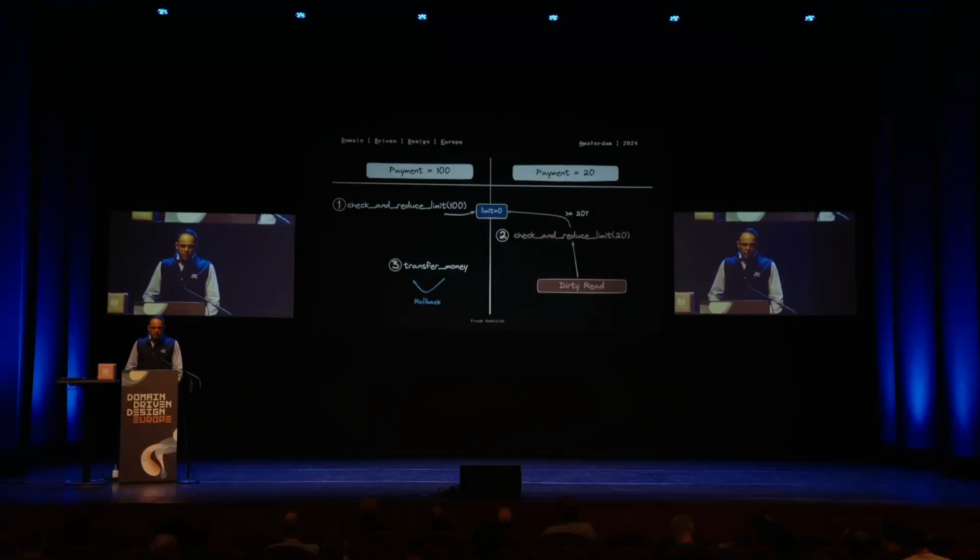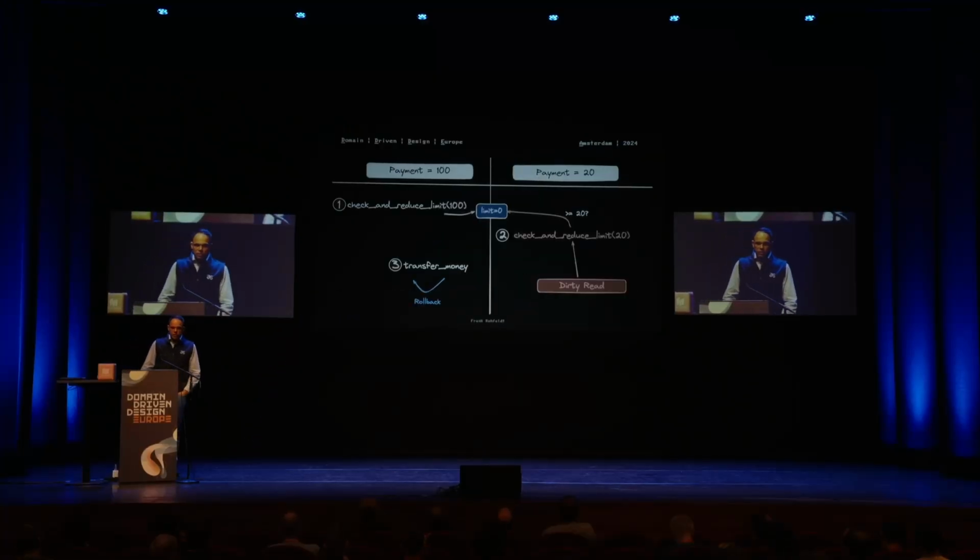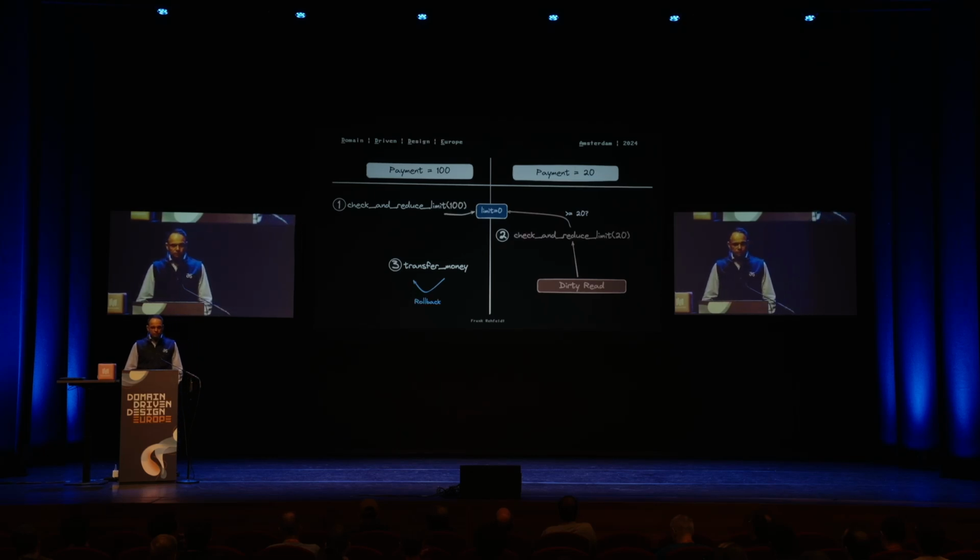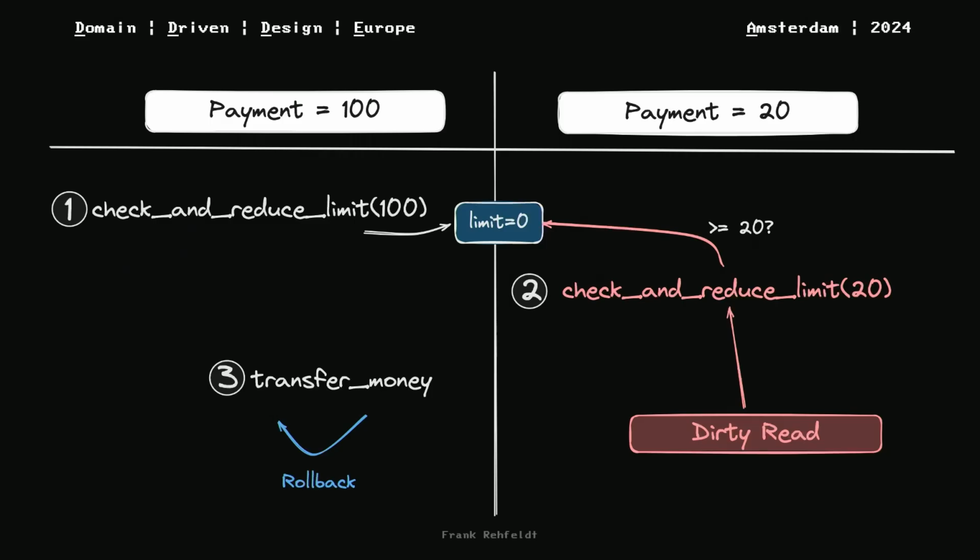So what could happen here? The first transaction checks and reduces the limit. And then the second transaction kicks in. And now the check is rejected because the daily limit is 0, and it's not sufficient to transfer 20 euros. And the second transaction is aborted.